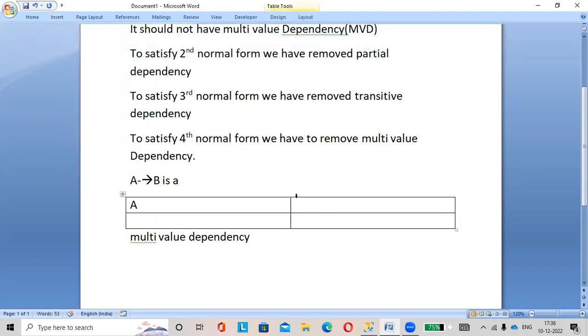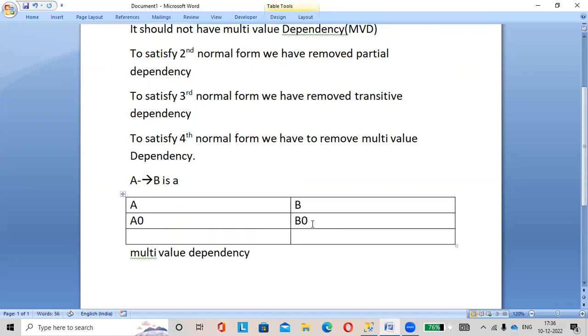See, this is A, this is B. For a single value of A naught, here B naught, B1, more than one value of B exists.